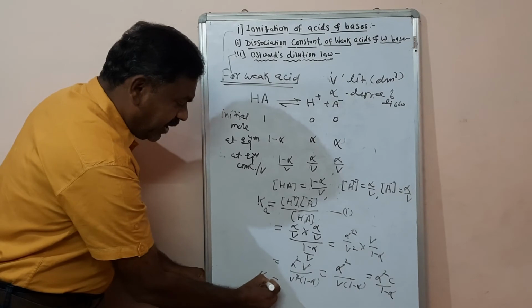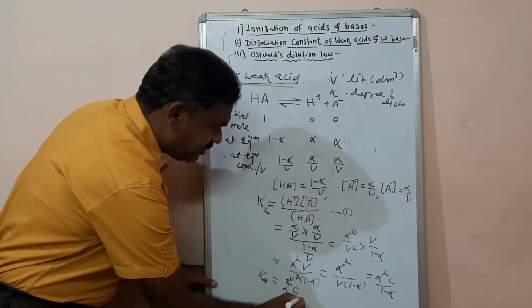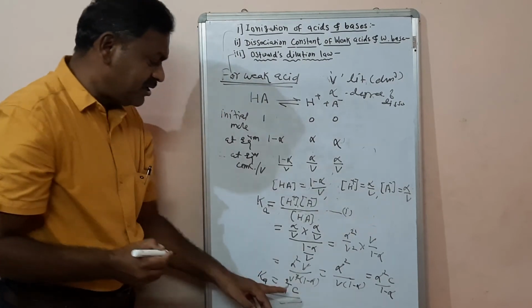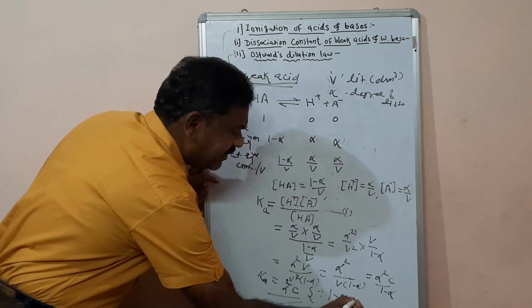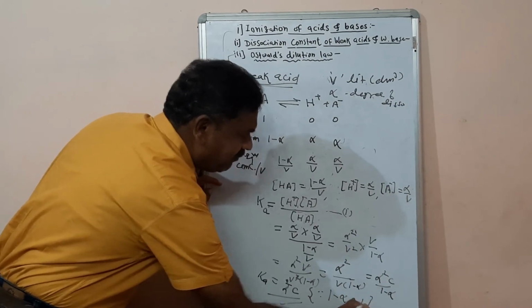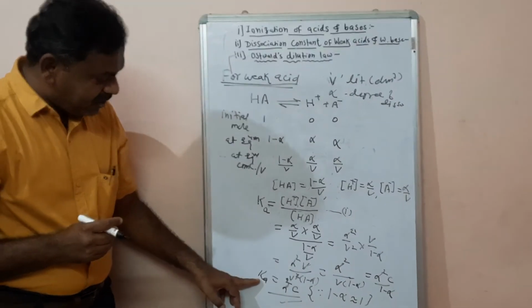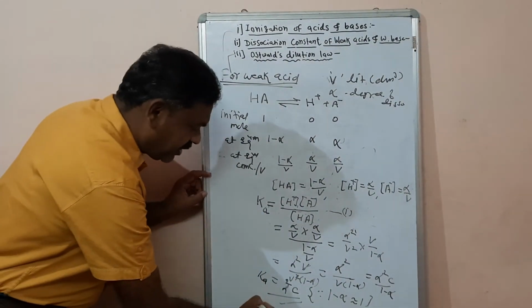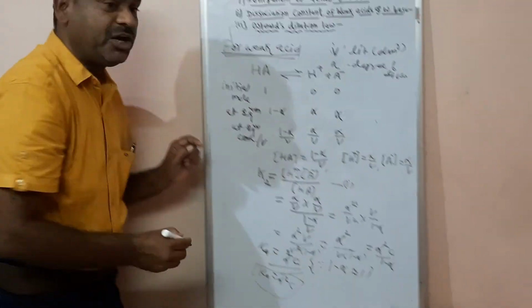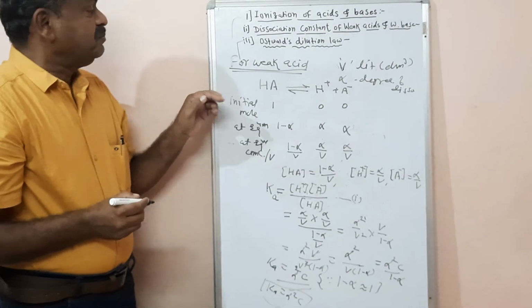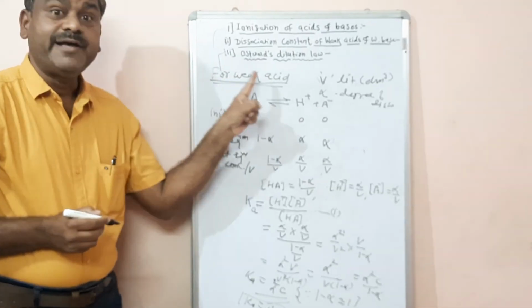Ka is equal to alpha square C upon 1 minus alpha, and because alpha is very small, 1 minus alpha can be taken as 1, so Ka is equal to alpha square C. This is the equation for the Ostwald dilution law for a weak acid.